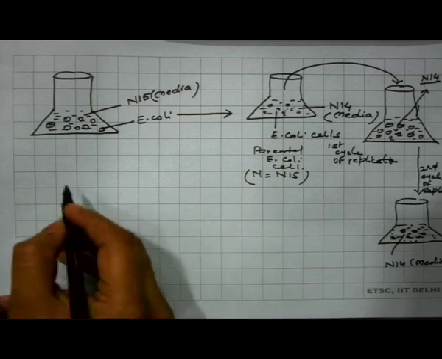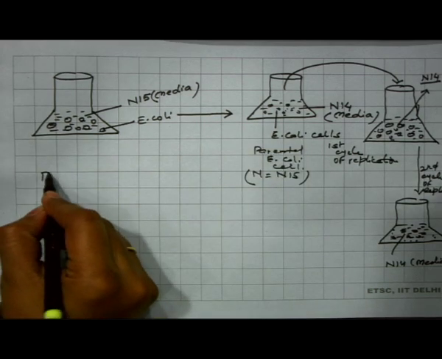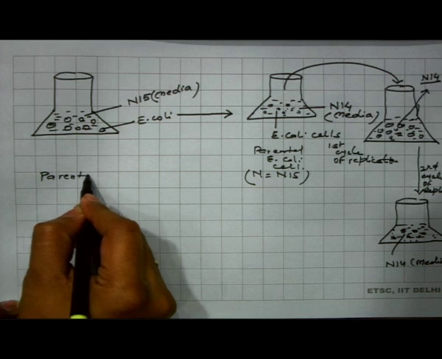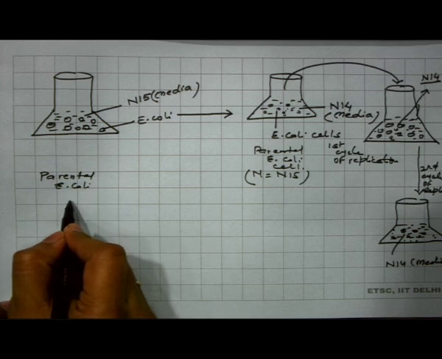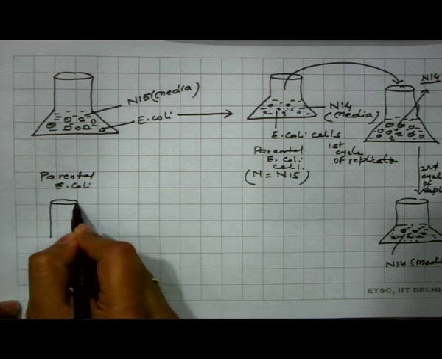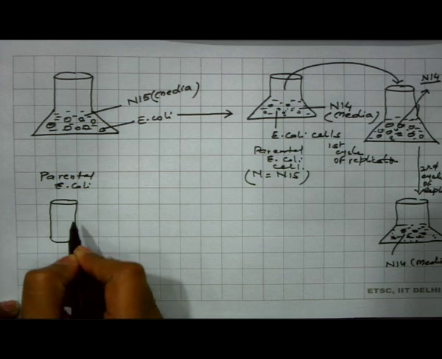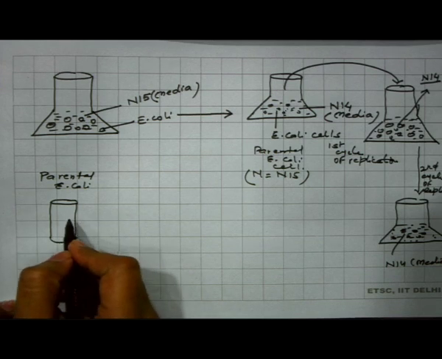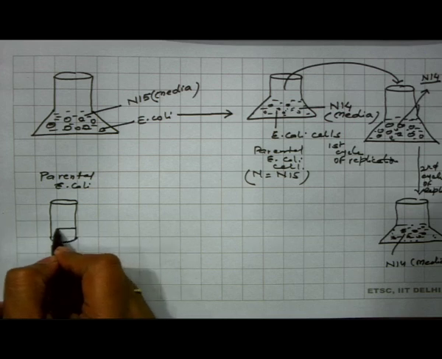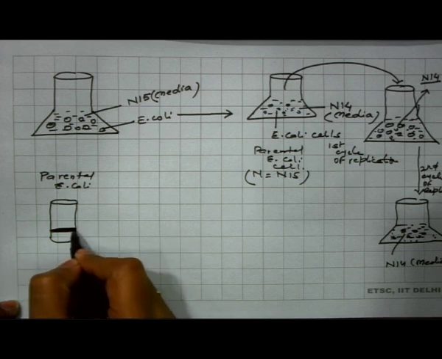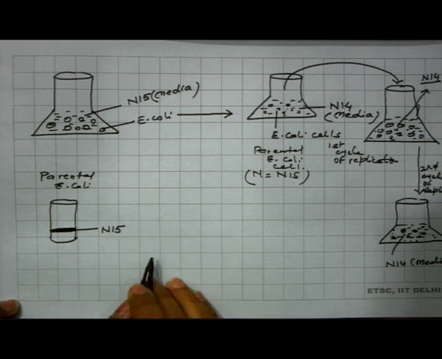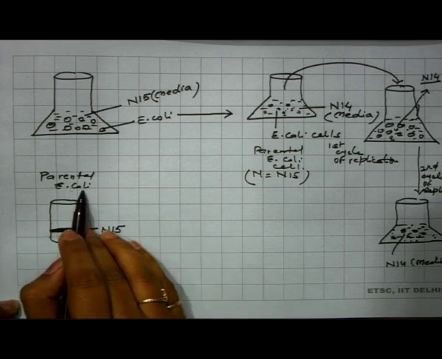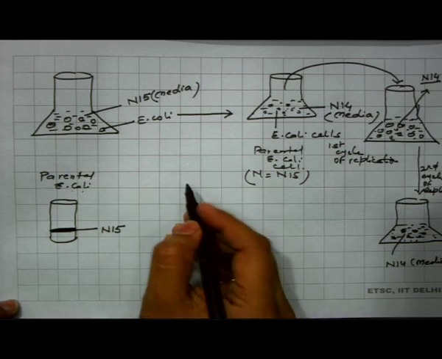When they took the DNA from the parental E. coli cell and separated the DNA on cesium chloride density gradient centrifugation, they found that there was a single band which corresponds to the density of N15. As we know, parental E. coli cells were having N15 in their DNA.